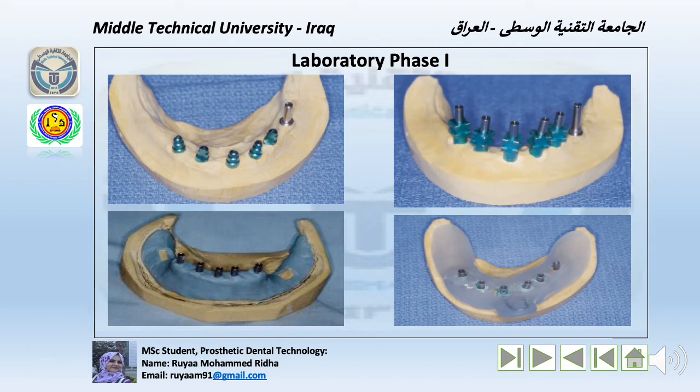After that, fabricate a custom open acrylic tray on the working cast and trim the border of the tray about 1 to 2 mm as for a complete denture custom tray. Then widen the holes for the fixation screws to allow easy insertion and removal from the cast.